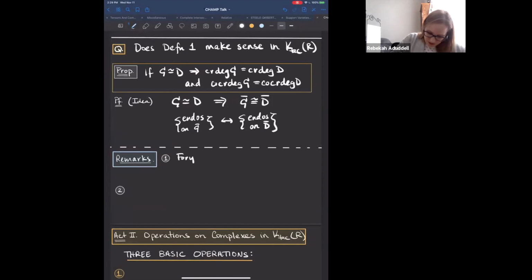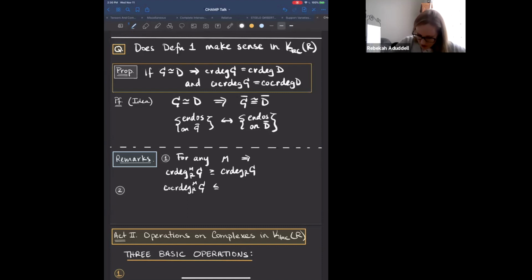So for any endomorphism on a complex, if the endomorphism is mu, the mu critical degree will be greater than or equal to the critical degree, and the mu co-critical degree will be less than or equal to the co-critical degree.